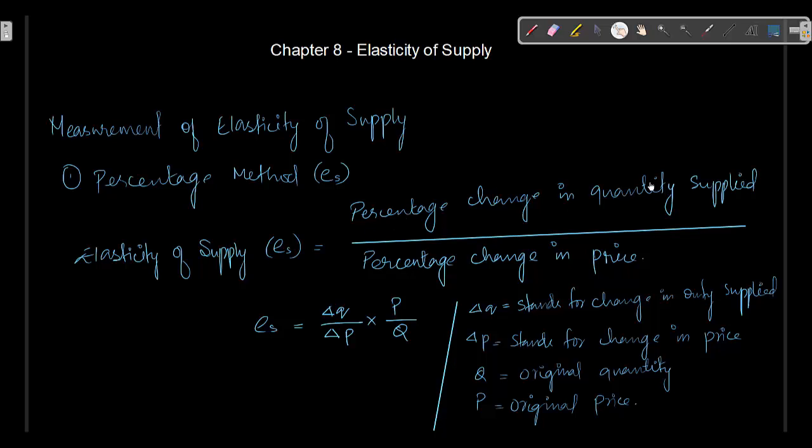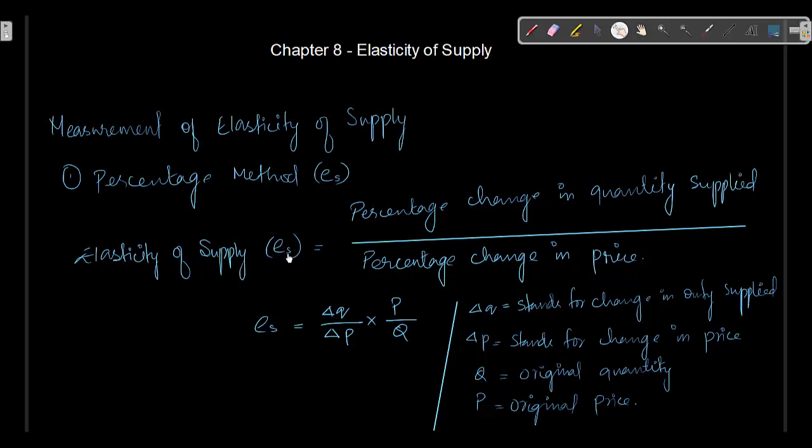Percentage change in quantity supplied divided by percentage change in price. Now, to find out the percentage change in quantity supplied, to simplify it, we can use this formula, all right?